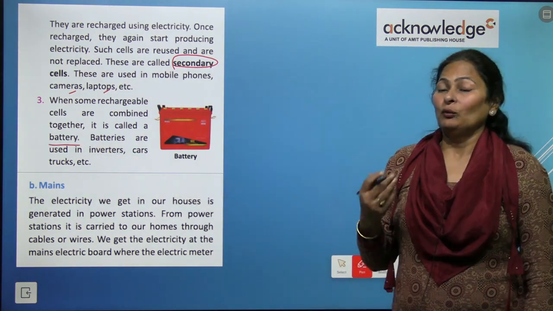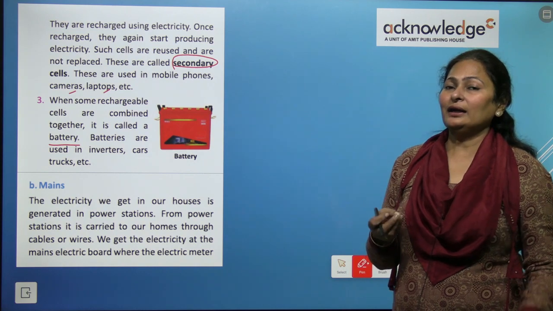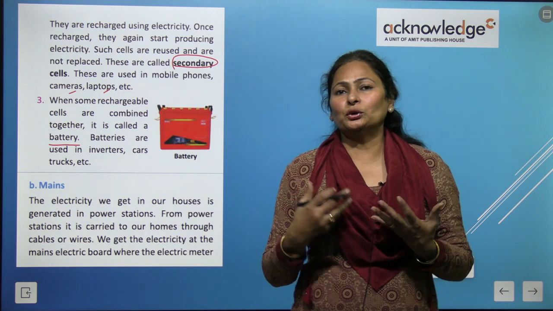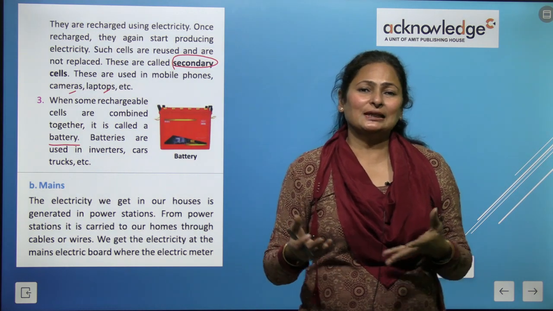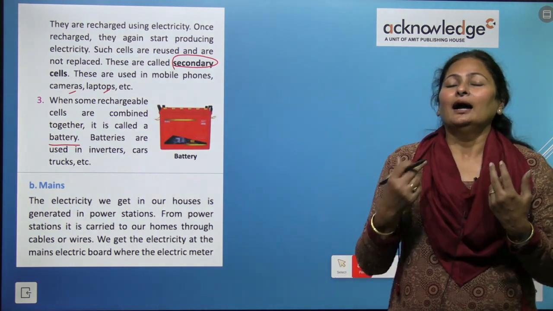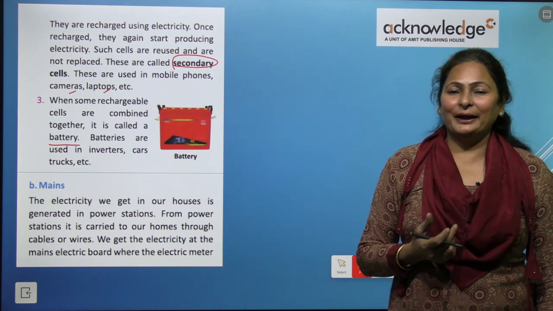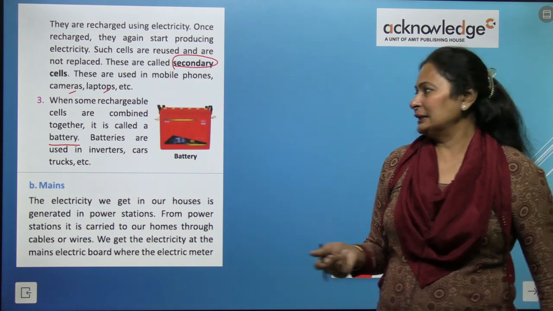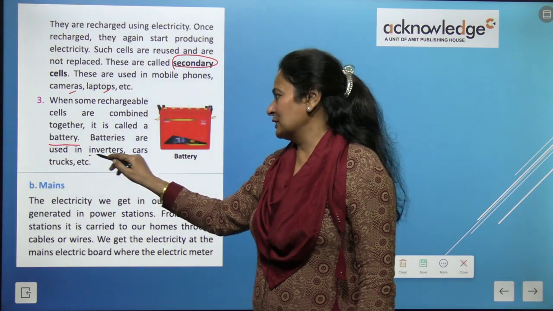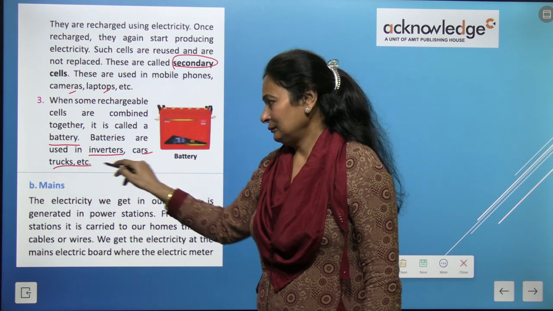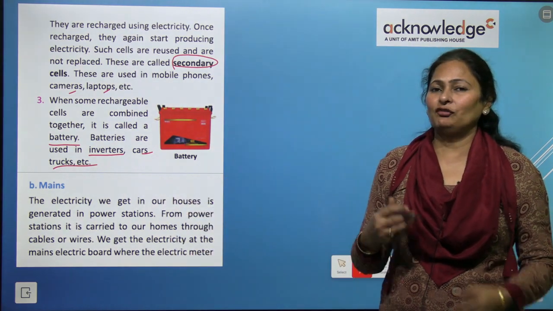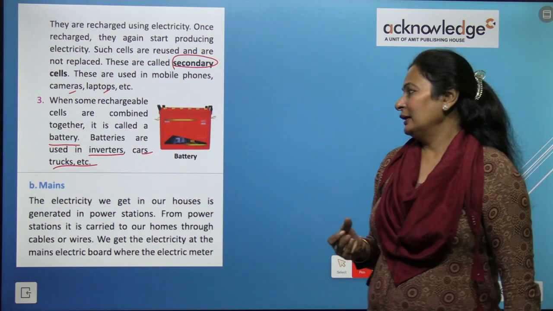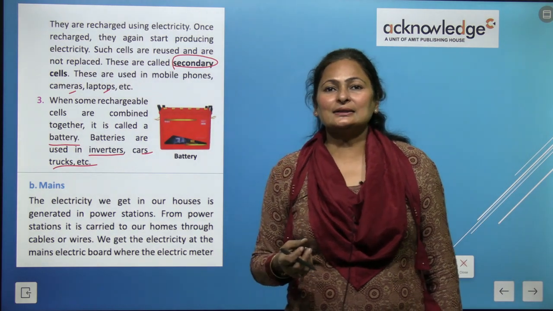Individually it is a cell, but when you combine them, it is called a battery. Batteries are used in inverters, cars, trucks, etc. You'll find batteries in cars, inverters and trucks, right?